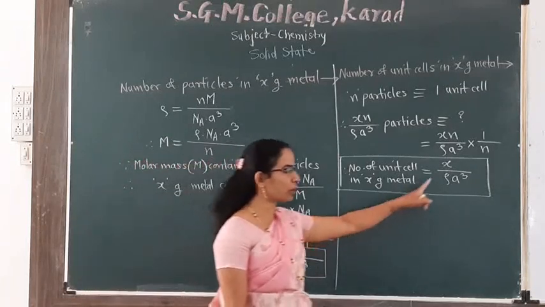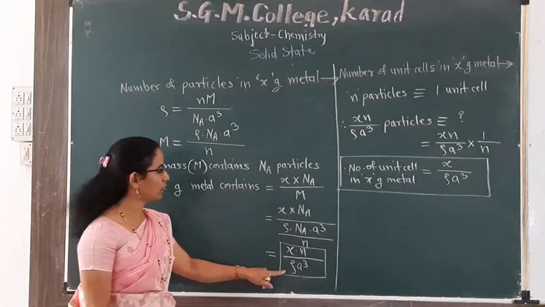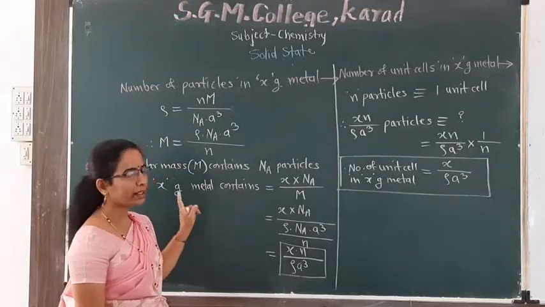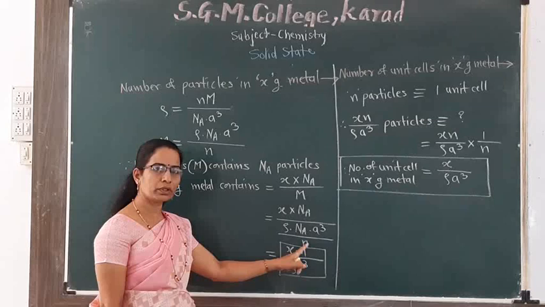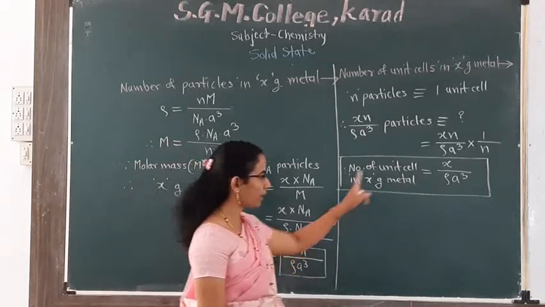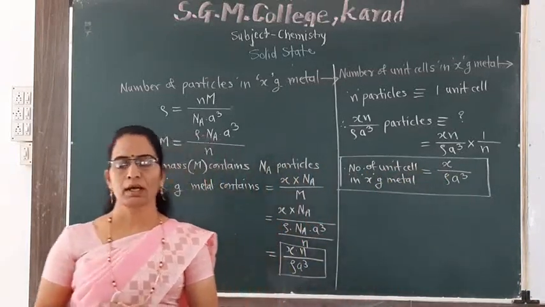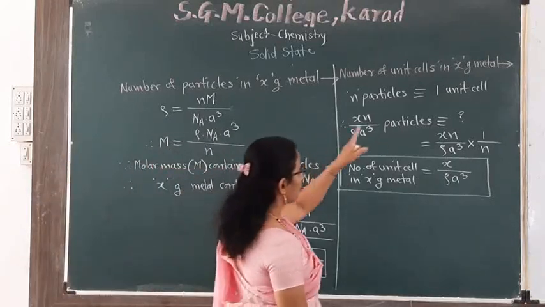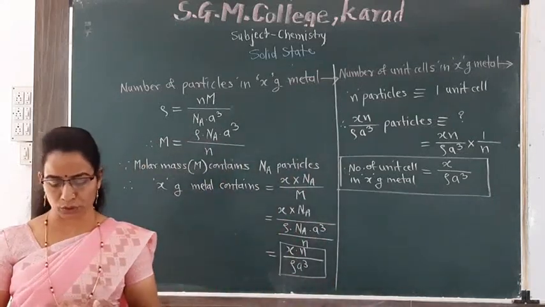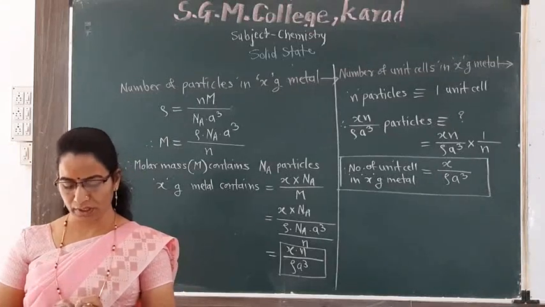If you observe these two relations, you will see that they are nearly the same. The only difference is that to count the number of particles, you multiply the numerator by n, and to calculate the number of unit cells present in X gram of metal, you don't multiply by n. So remember these two relations well, because numericals are always asked on the basis of these relations.